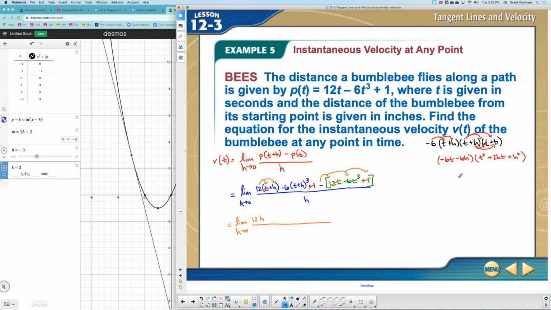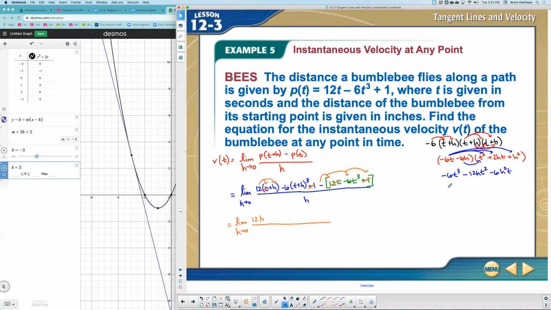So now I'll multiply these two groupings. I will have here a negative 6t cubed minus 12ht squared and a minus 6h squared t.